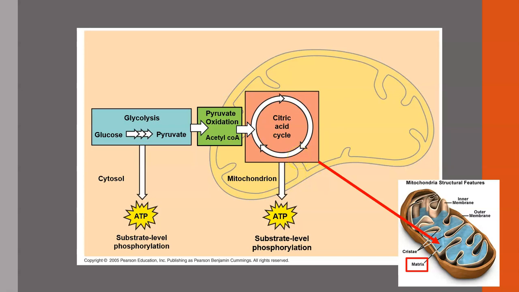Similar to glycolysis, some ATP is also formed in the citric acid cycle by substrate level phosphorylation. So like before, an enzyme transfers a phosphate group from an organic substrate to ADP, forming ATP. So there's a little bit of ATP, but again, it's not the big payout that we're going to see in the final step.